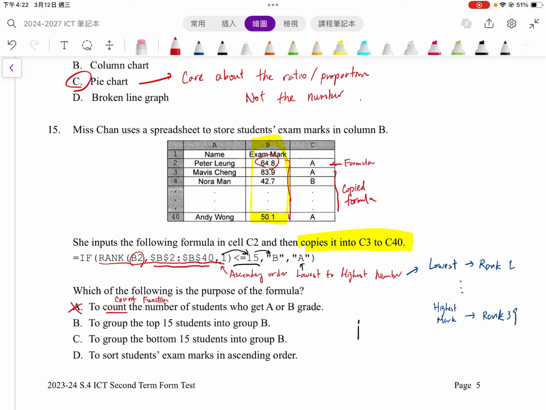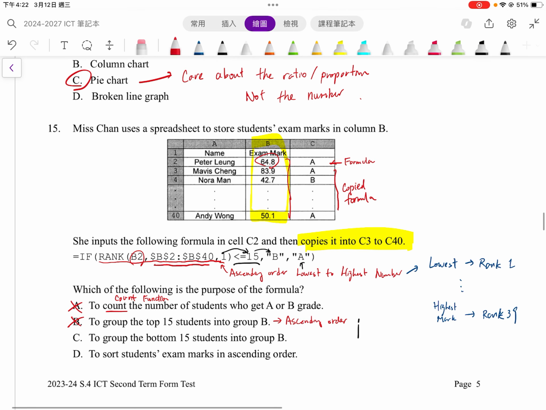B, to group the top 15 students into group B, which is wrong because for this case, we are in the ascending order. And we have just mentioned that the top 15 students, the best 15 students, their rank should be the least 15.